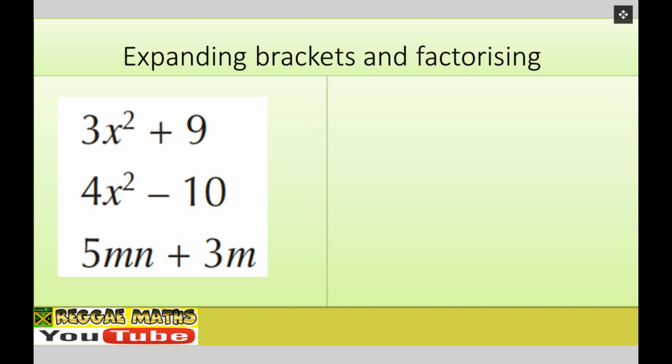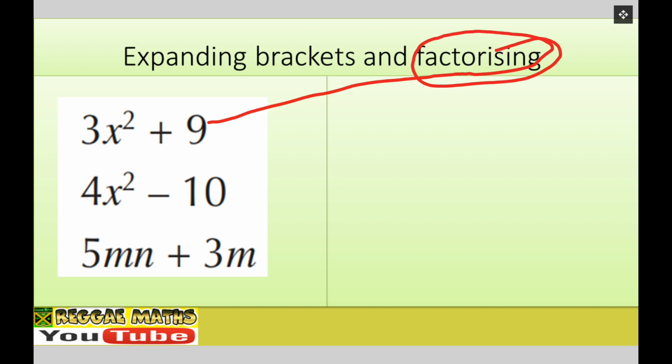Now, as I said here, we're looking at factorizing. So what do we need to do? We need to get it into brackets. And the way you do this, you find the highest common factor that can go into 3x squared and 9.